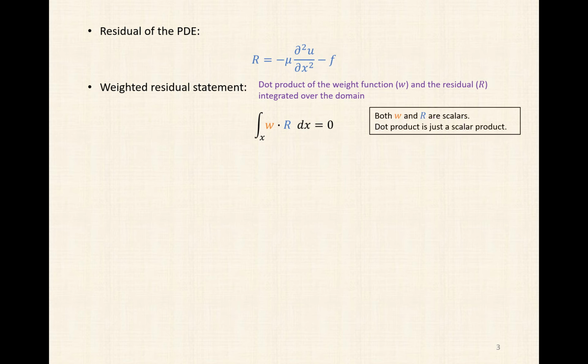In this problem w and R are scalars, so the dot product doesn't make much sense, but when we go to vector field problems like fluid flow, Stokes or Navier-Stokes equations, or linear elasticity problems in 2 and 3 dimensions, then the dot product becomes very important. So this is the weighted residual statement: the weight function multiplied by the residual of the PDE, integrated over the whole domain, should be equal to 0.